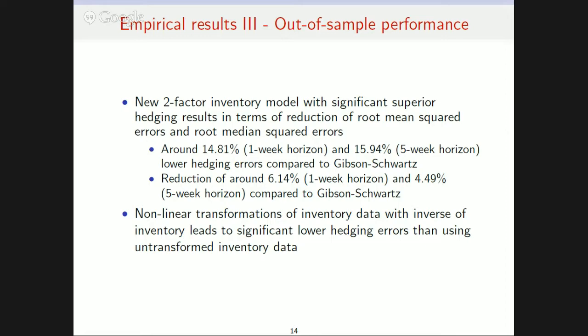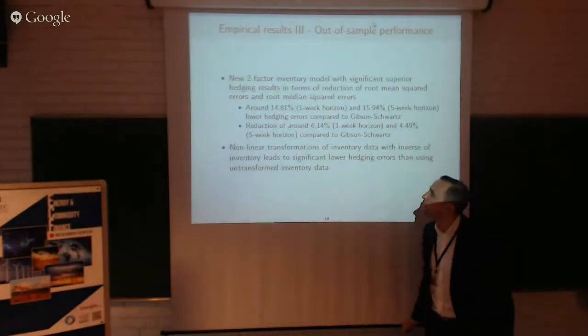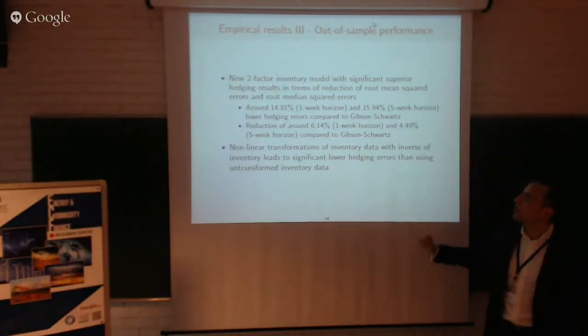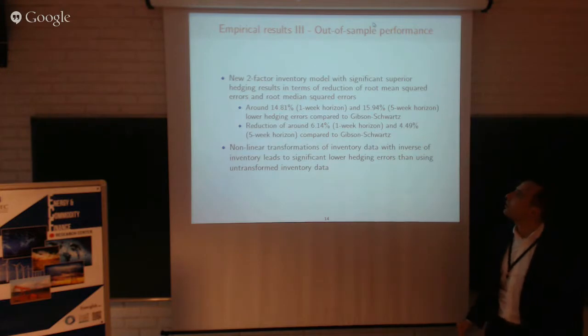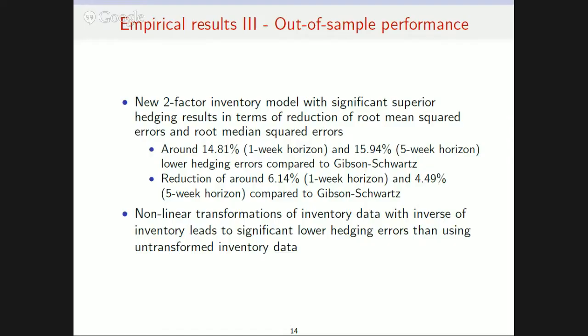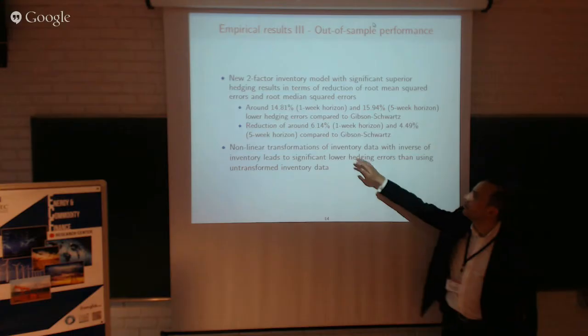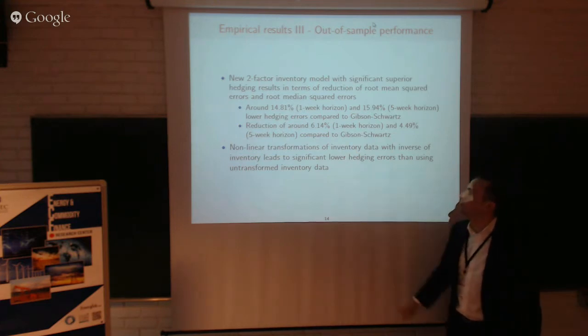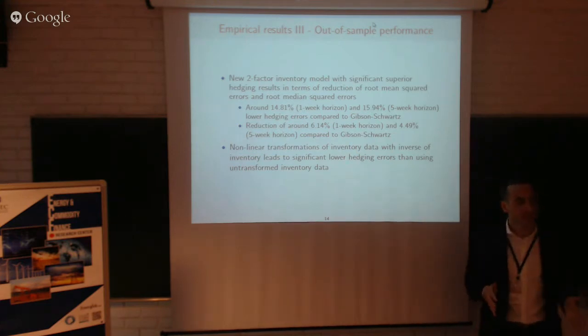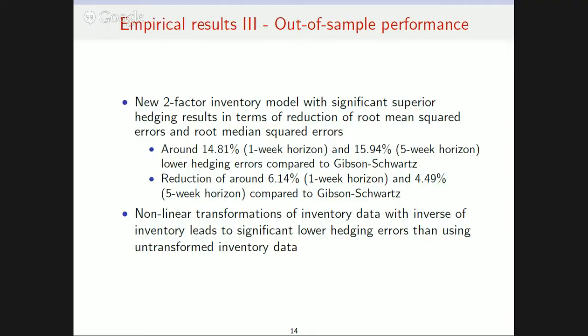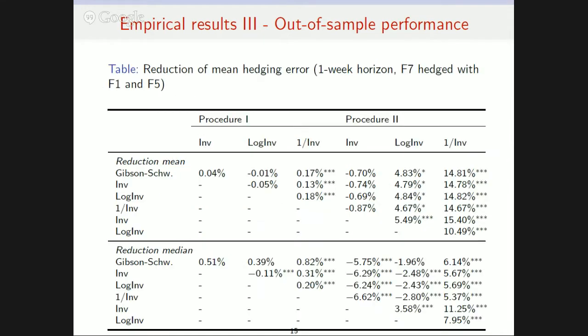We see that for the 1 week horizon, we can reduce the hedging error by around 14.181%. And when we look at the median hedging error, it's around 6%. And we will also see that using the nonlinear inventory information data series has a better performance.